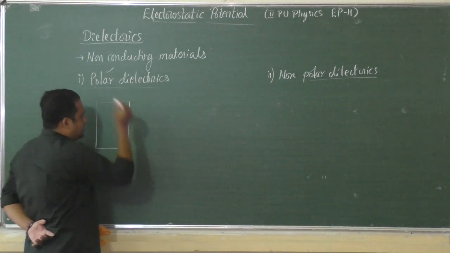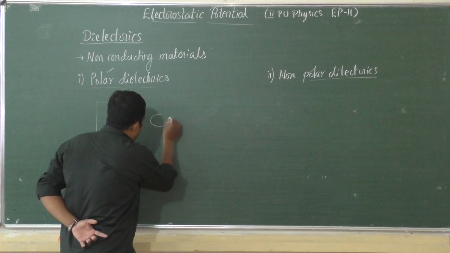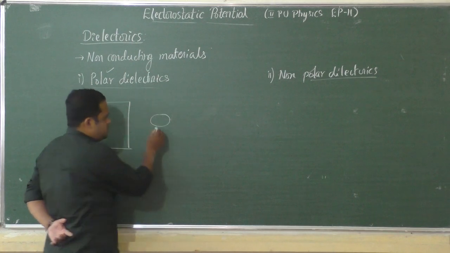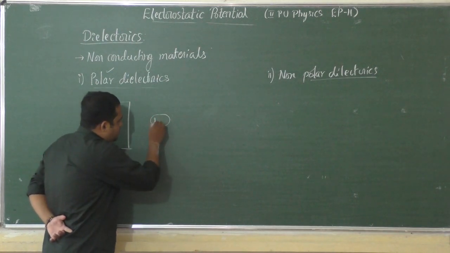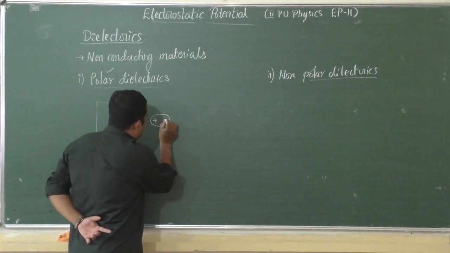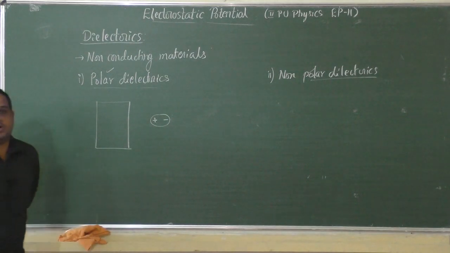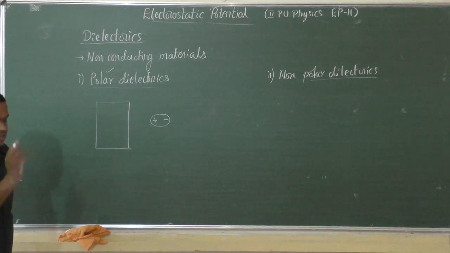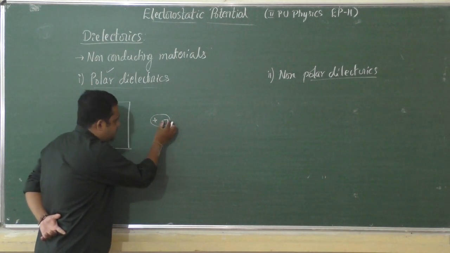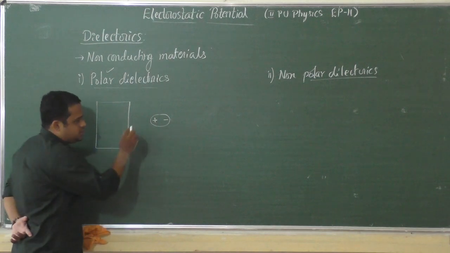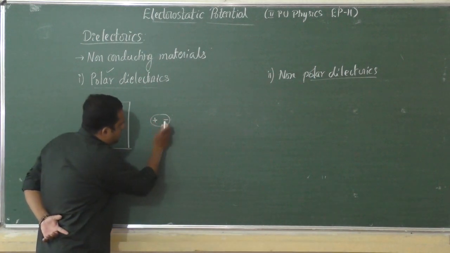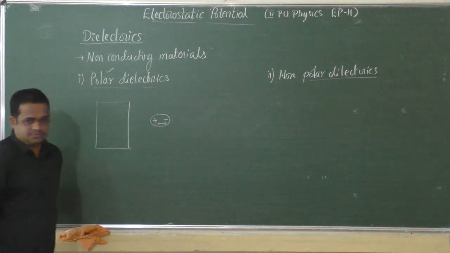In case of polar dielectric, if you consider a molecule of a polar dielectric, the center of positive charge and center of negative charge are separated by small distance. Distribution of charges inside the molecule is such that these 2 points at which entire positive and negative charges are assumed to be concentrated are separated by a small distance.